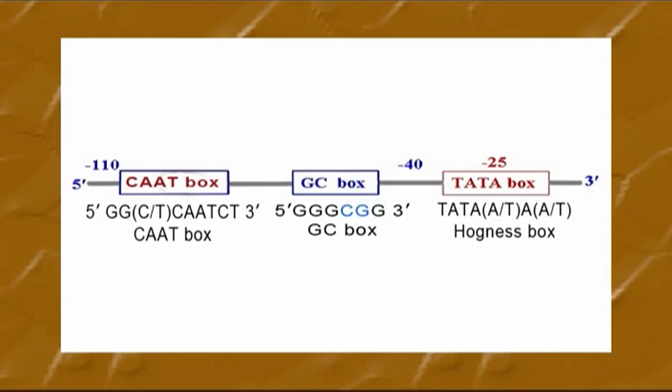The sequence lies between -70 and -80 base pair. Another sequence of GGGCGG, which is also called GC box, is found in one or more copies at -60 or -100 base pair upstream in any orientation in several genes.